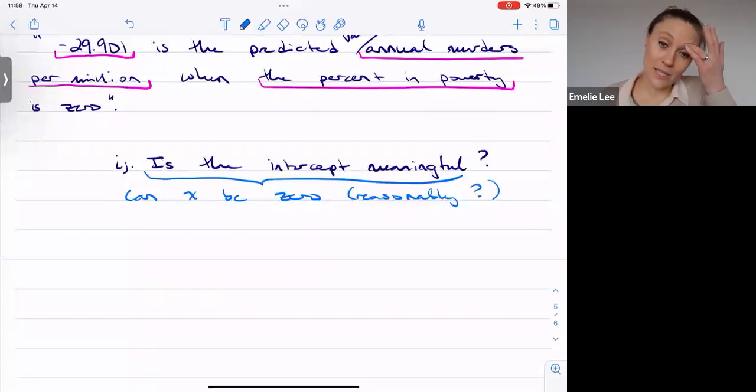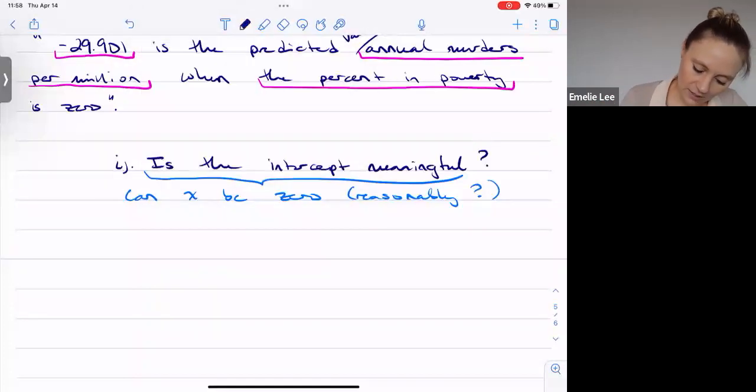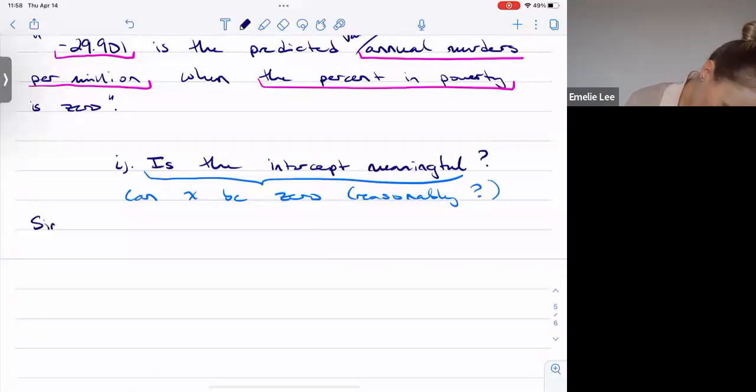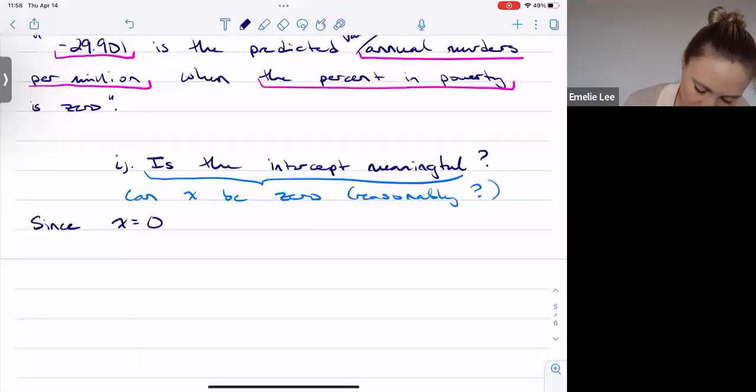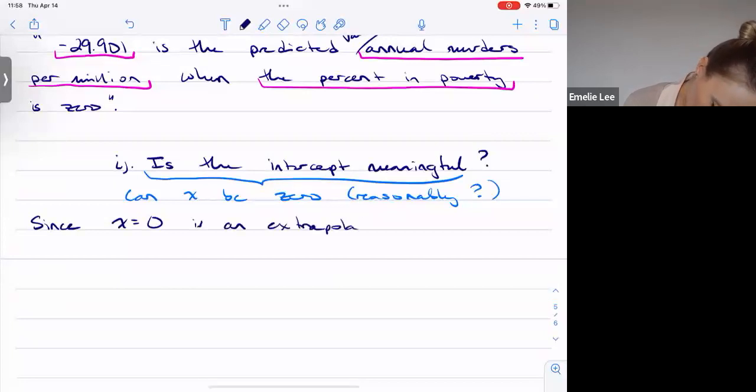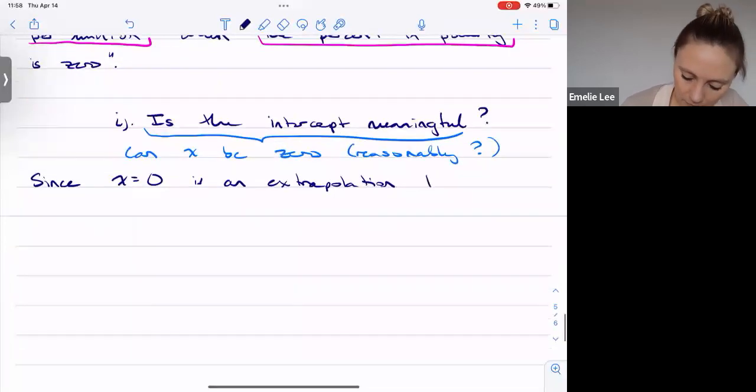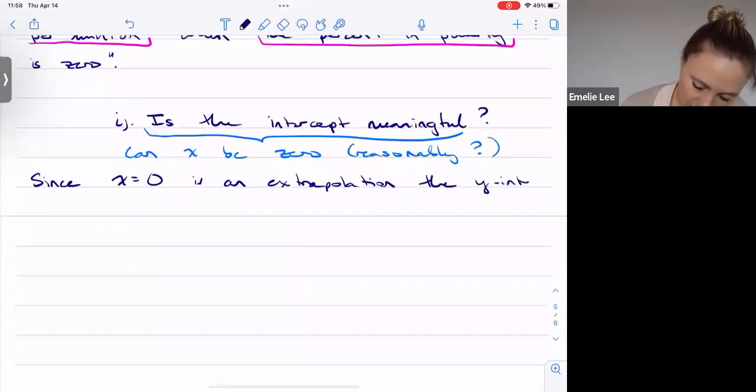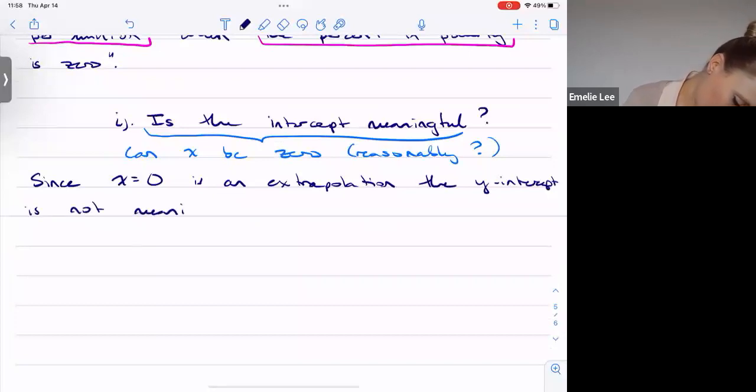In this case, because X equals 0 is extrapolating, that's my reason for saying no, it's not meaningful. Since X equal to 0 is an extrapolation, the y-intercept is not meaningful in this case.